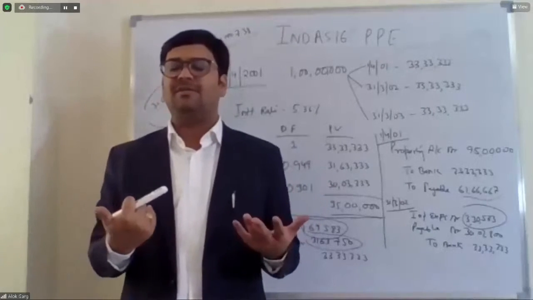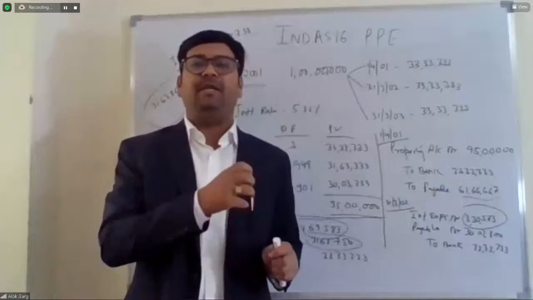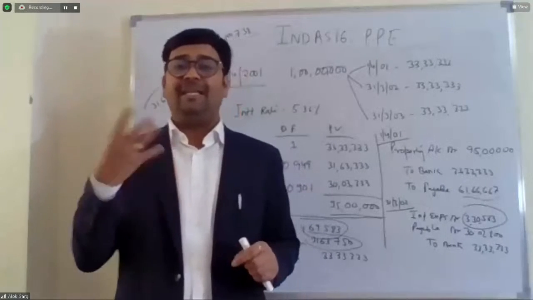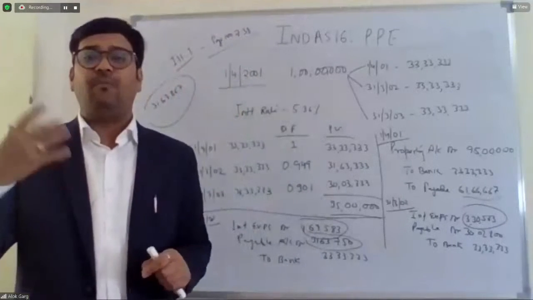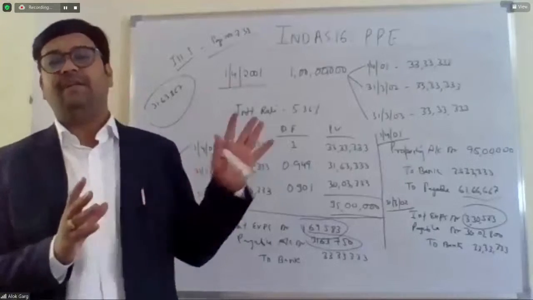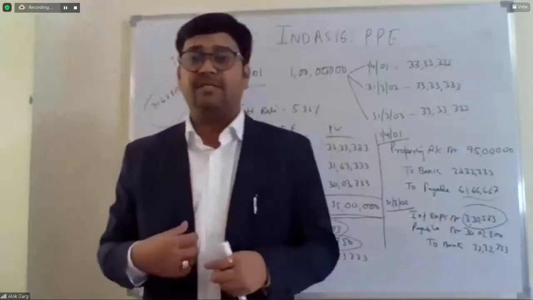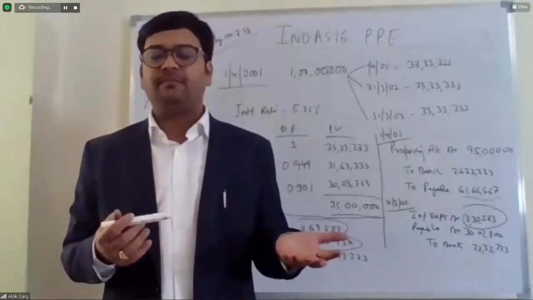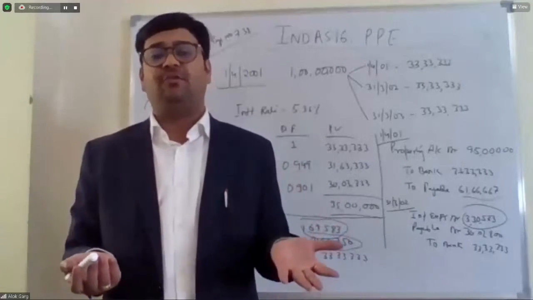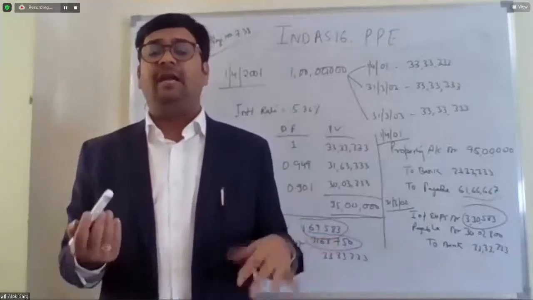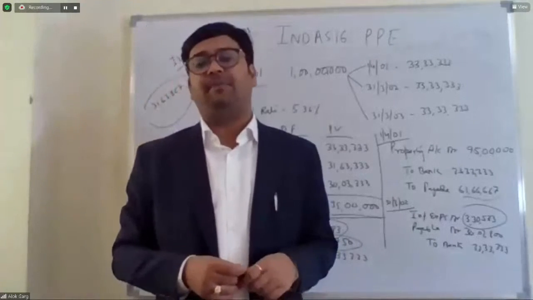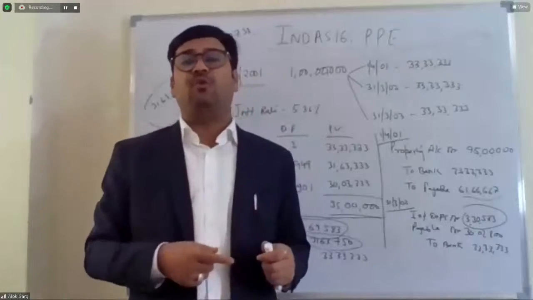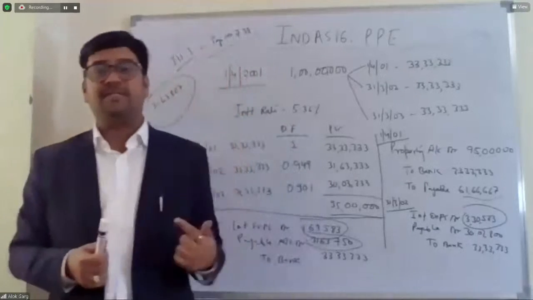Then we discussed that any item of PPE which is engaged in maintaining and operating these assets will be classified as a PPE. Then we discussed property, plant and equipment, a tangible item which is held for use in production or supply of goods and services, held for rental purposes or administrative purposes, and expected to be used for more than one period.